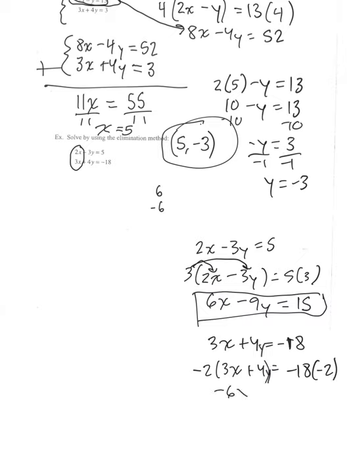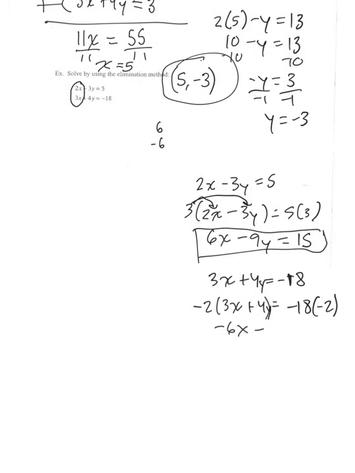So now when I go to distribute, I get negative 6x plus negative 8y equals 36. And now I have the equivalent equation from that bottom equation from the original set. Now I'm just going to go ahead and rewrite these on top of each other.